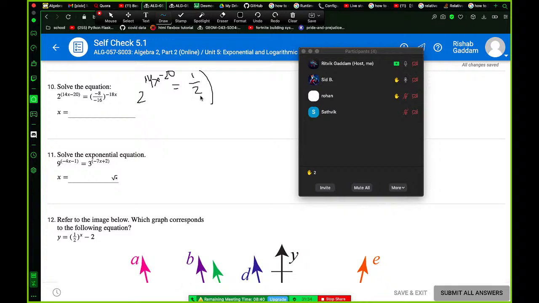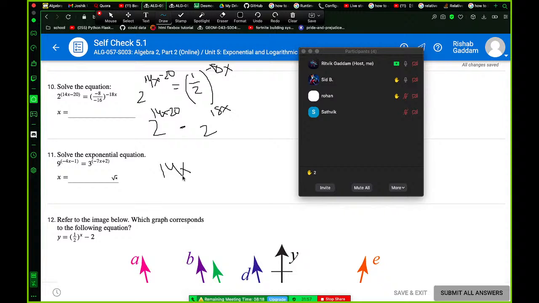So that's a half and negative 18x. And you can basically simplify that to 2 18x. So it'll be 2 14x minus 20 equals 2 18x. Then you can take away the 2 from both sides.